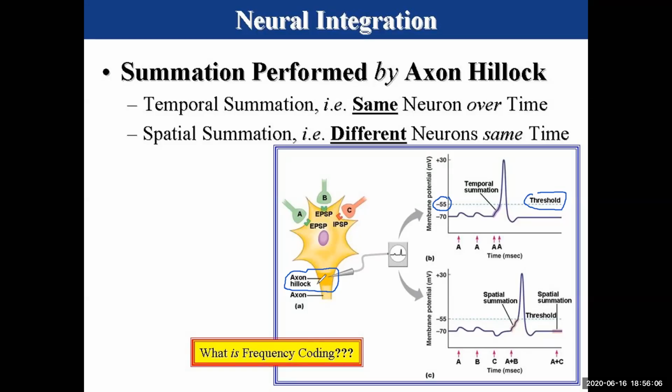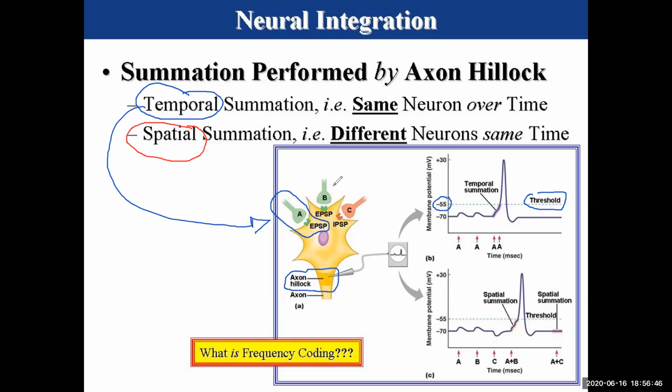Okay? Now, it can add on a time scale, so temporal summation, or it can add by spatial summation, so coming from different parts of the postsynaptic neuron, right? So if, for example, I'm paying attention to only neuron A, over time, that's temporal.